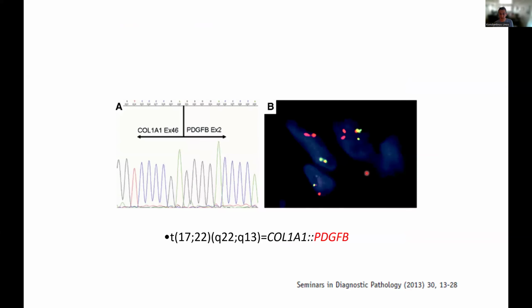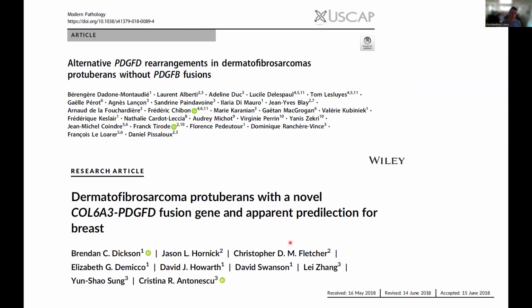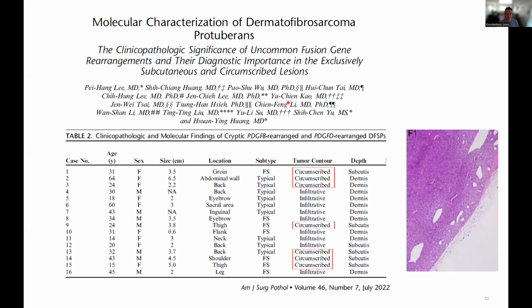However, in difficult cases, we know now the molecular pathogenesis that this tumor is COL1A1-PDGFB fused, either through a reciprocal translocation or more often through a supernumerary ring chromosome. And about 5% we knew were negative for PDGFB rearrangements by FISH, and these were either because they had a cryptic translocation or because they have alternative PDGFD fusions, but the functional mechanism is similar in PDGFD and PDGFB fusions.